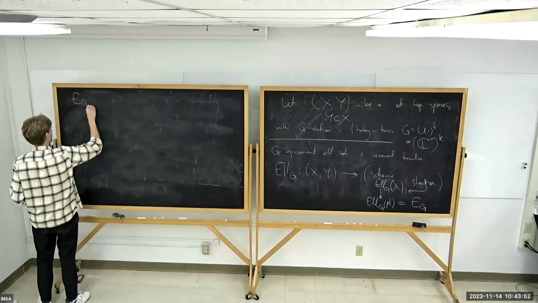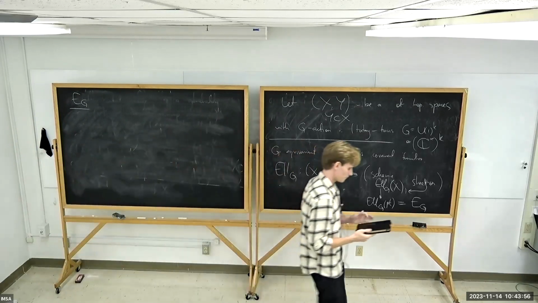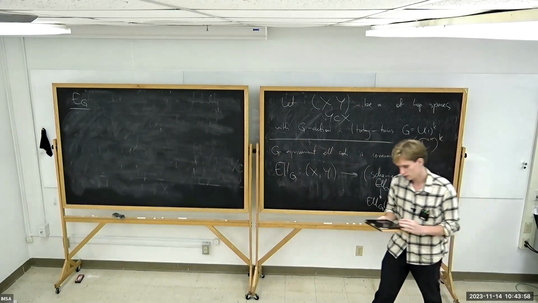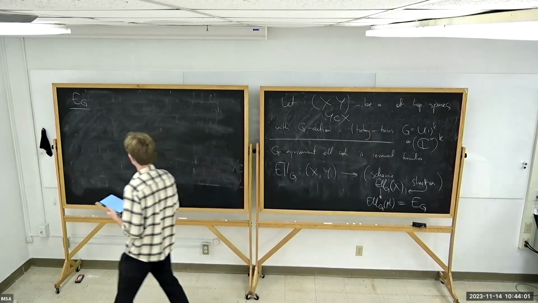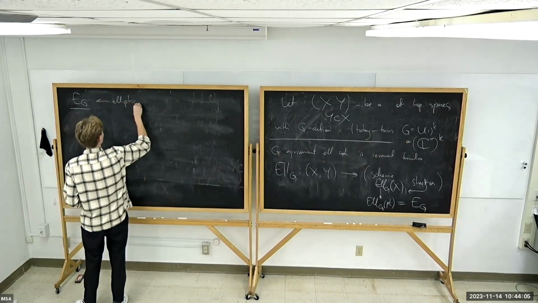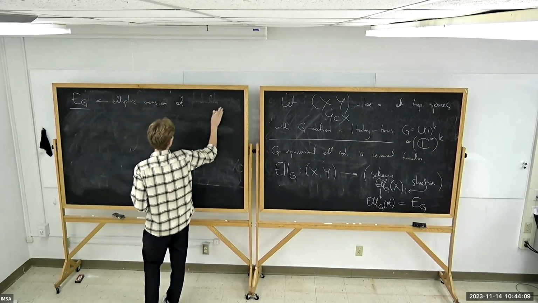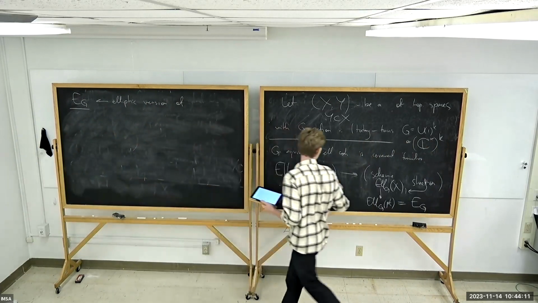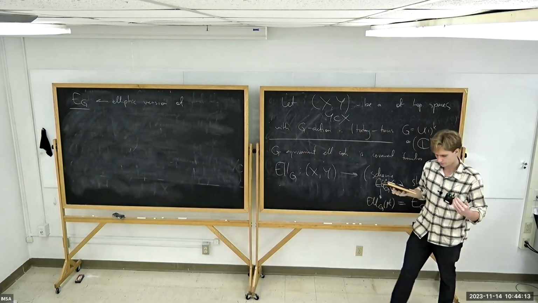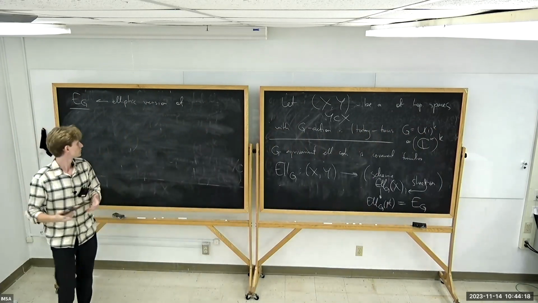What is equivariant elliptic cohomology of a point in this approach? As I said, this is a scheme. This approach is dual to the usual approach to cohomology.